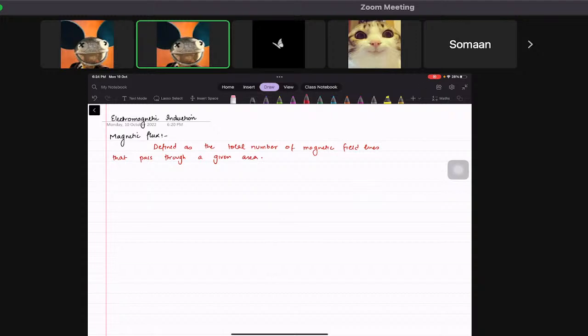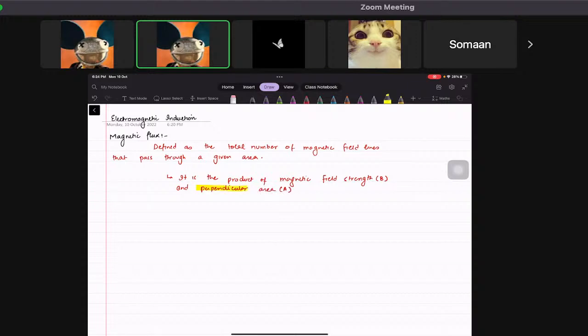Usually, you guys need to remember that it is the product of magnetic field strength, which is B, and perpendicular, this is very important, perpendicular area A. So I just want you to focus on this word.